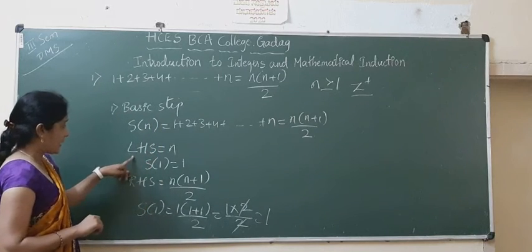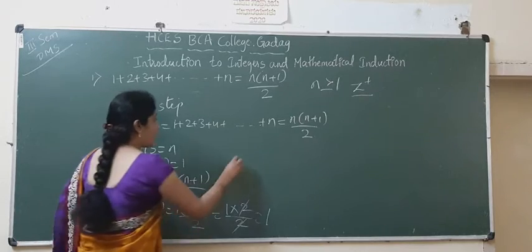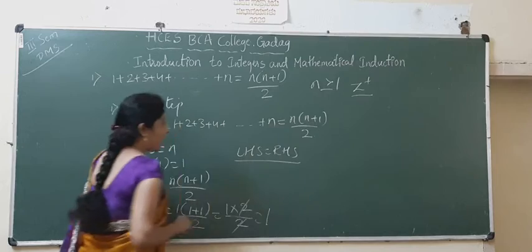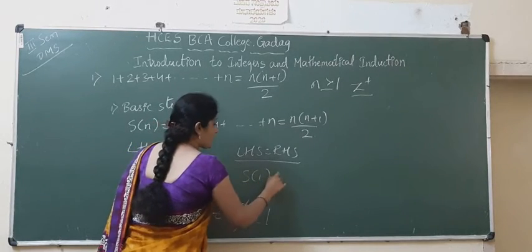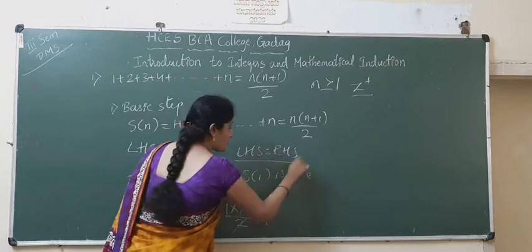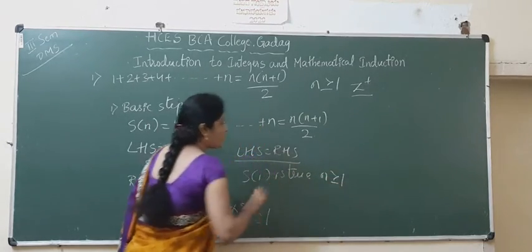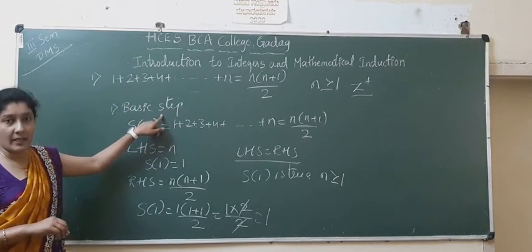You can see that LHS is also 1, RHS is also 1. Therefore, LHS is equal to RHS. Hence, the first condition, that is S of 1, is true for all the integers n greater than or equal to 1. So this is about the first step, that is basic step.